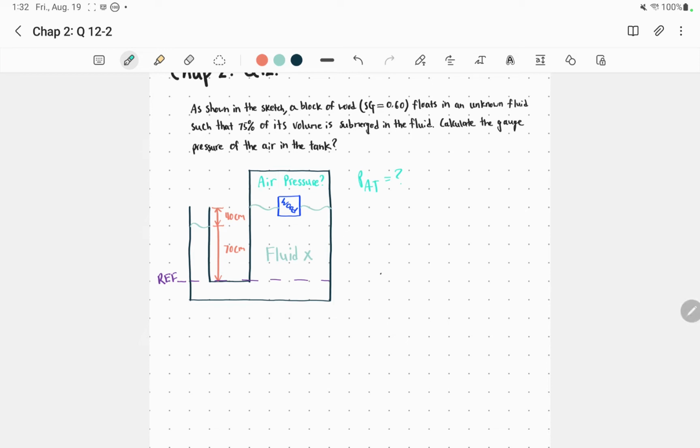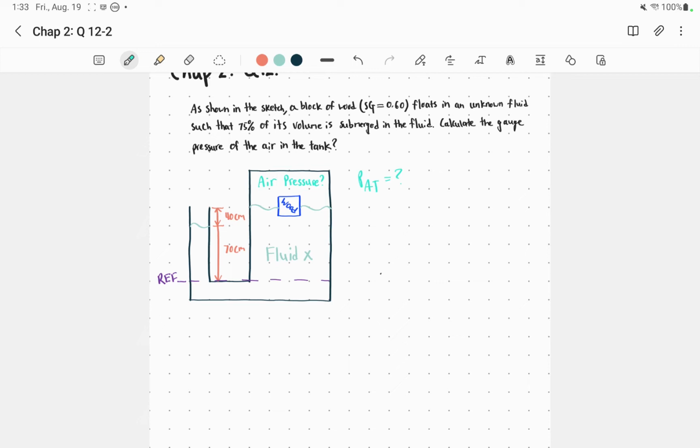So to calculate the pressure on the left side, we'll be using gamma of the fluid times the height of the fluid, which in this case is 0.7 meters. And this pressure must be equivalent to the pressure on the right side. So on the right side you would have PAT plus gamma of the fluid times the height, which in this case is 1.1 meters.